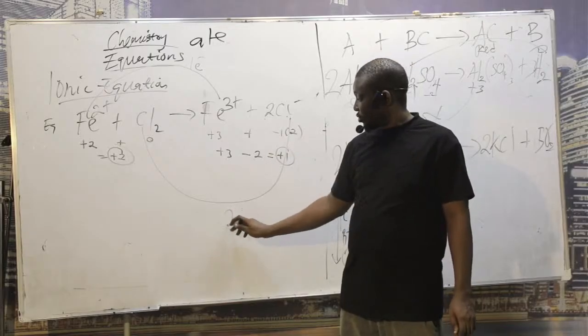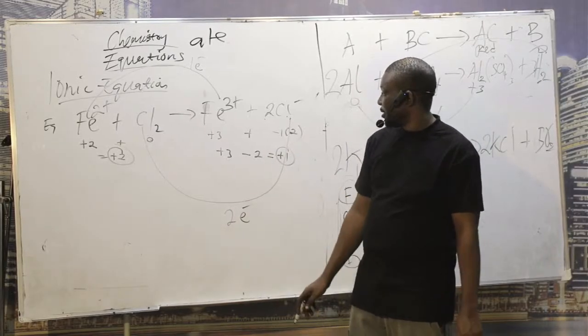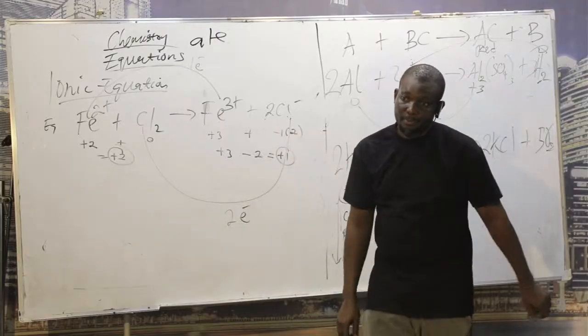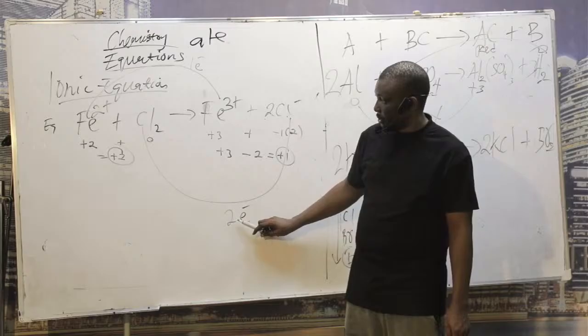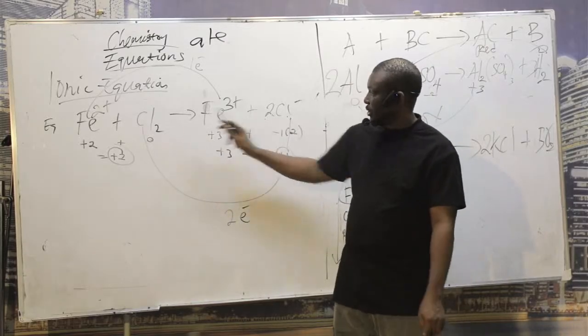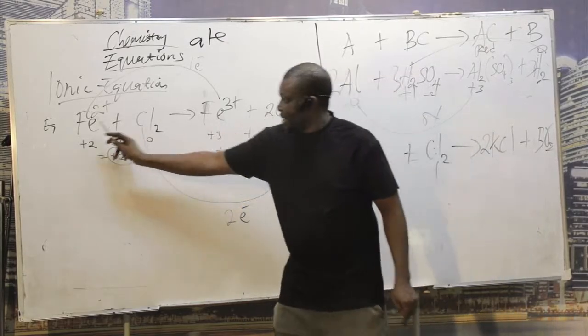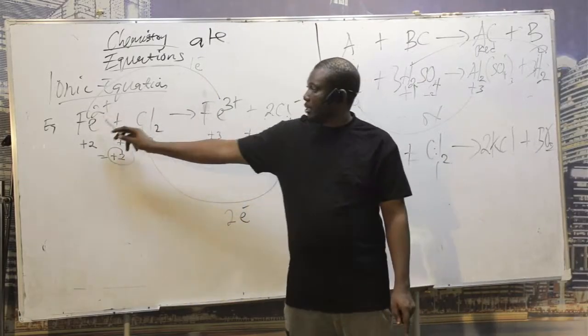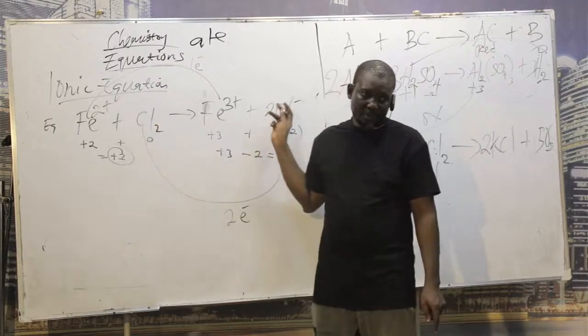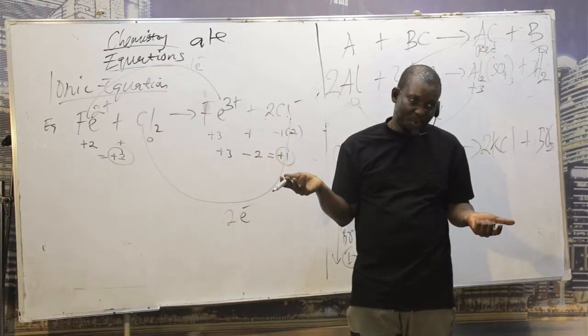Write as what? 2 e minus. Then, when you do these two, you generate, multiply. When you want to balance, multiply these 2. You balance the equation. Can we do it?